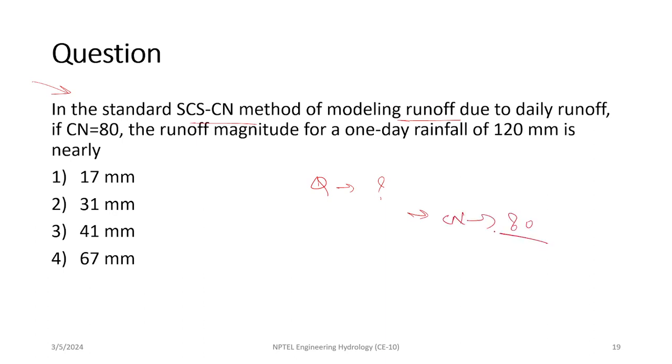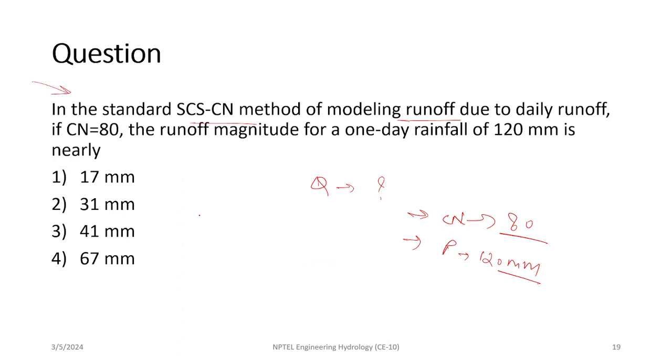CN is 80. So you will have a clear picture that a finite amount of water is available for plants as well as the soil. Now it also says rainfall in a single day. So you can see P has been given as 120 mm. Got it?